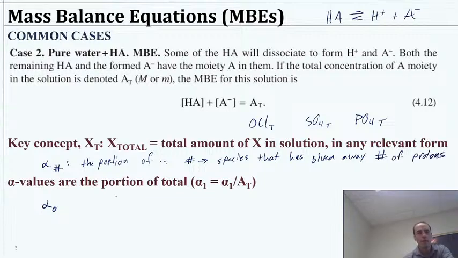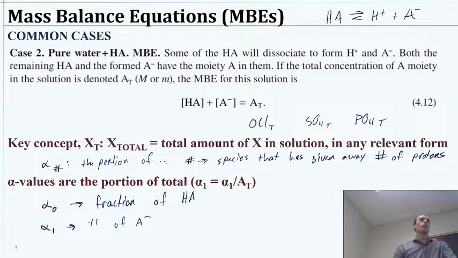So when I say alpha 0, this is the fraction of HA. Because HA has not given up any protons yet, right? That means alpha 1 would correspond to the fraction of A minus.